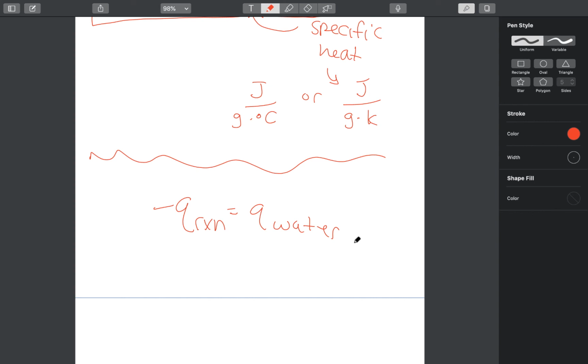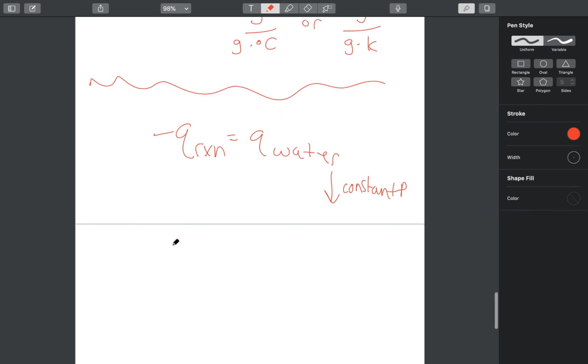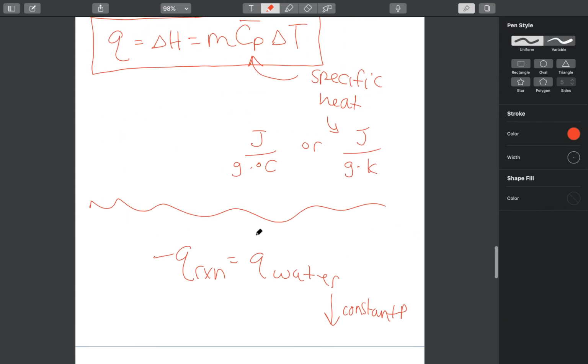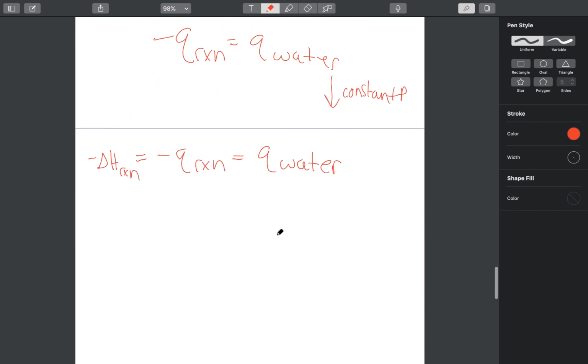And we know that since we are under constant pressure, negative Q of the reaction will equal negative delta H of the reaction, which will equal Q of water. So now all we have to do in order to find delta H of the reaction is substitute in the equation we just derived for Q of water.